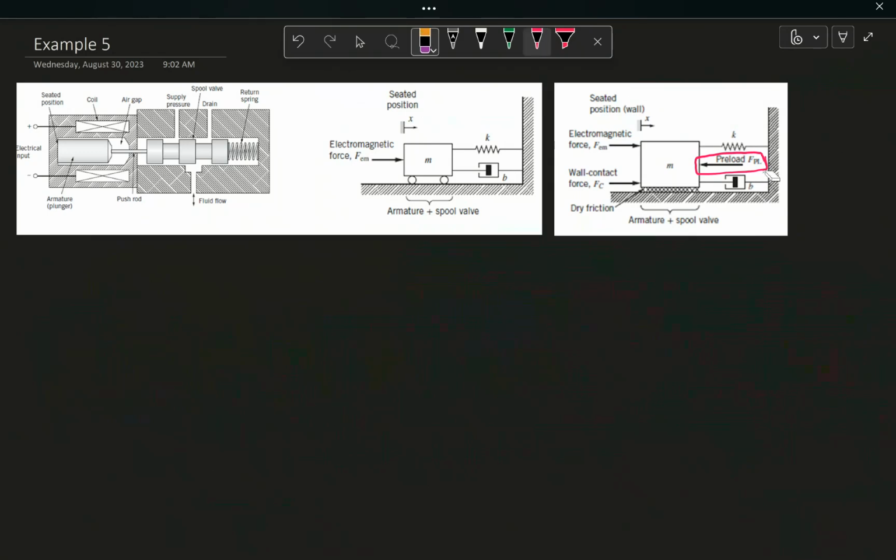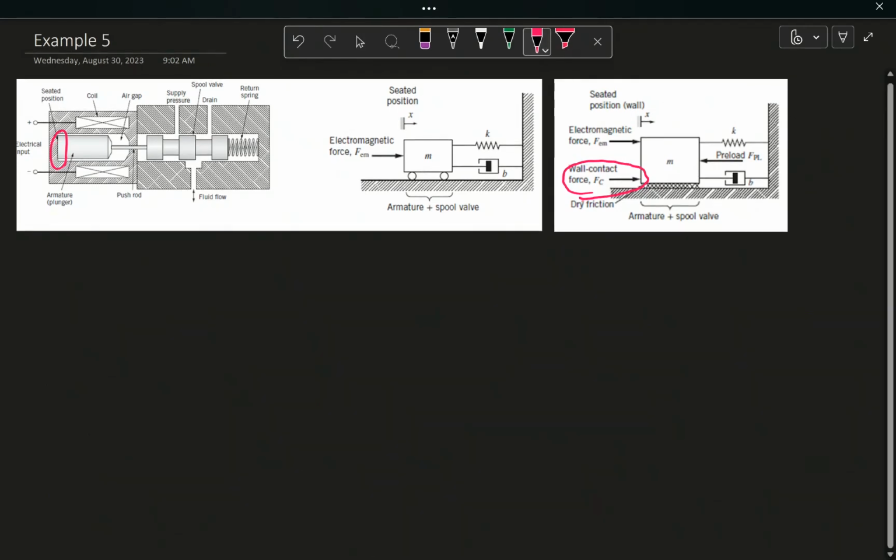On top of this, because we have the preload, when the plunger is at the seated position, there would be a contact force applied from the wall to the plunger. Of course, the minute that the plunger starts to move to the right, you lose contact here, and this contact force will disappear.